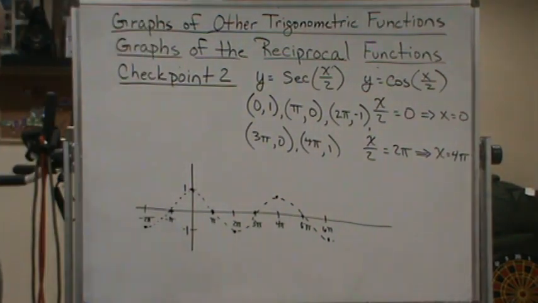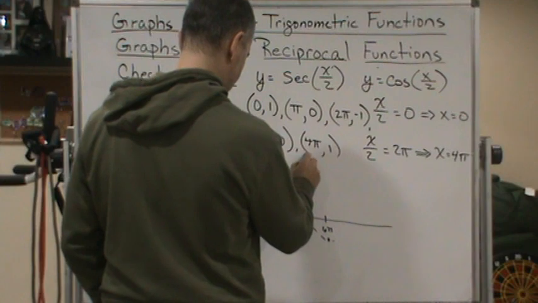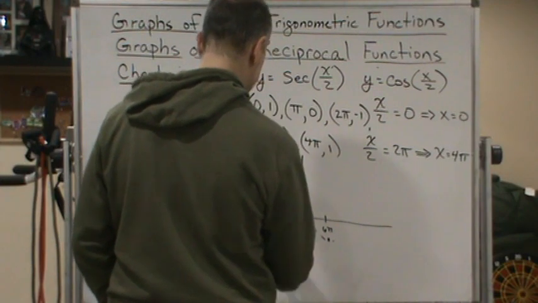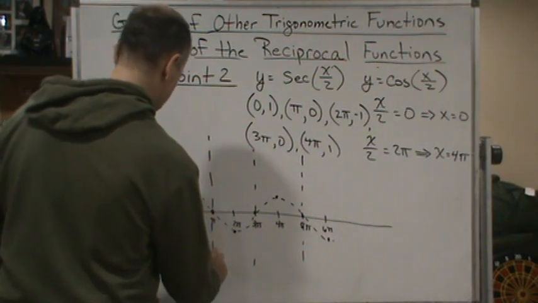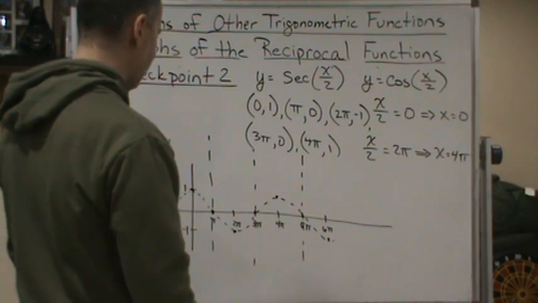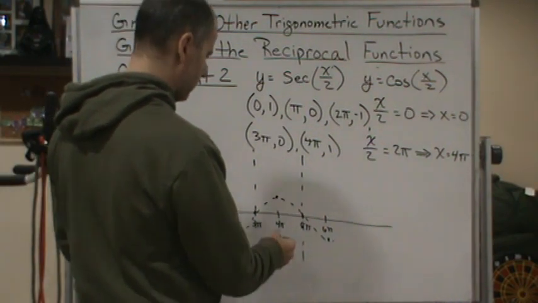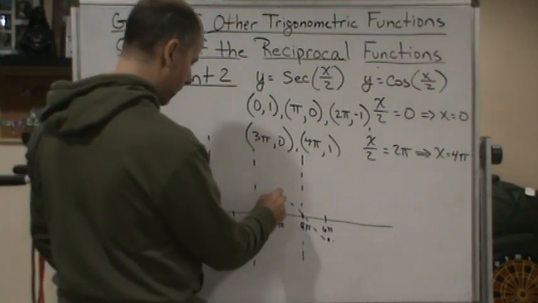Okay, and now again, wherever it crosses the x-axis, that's where asymptotes are for secant. Okay, and our secant function is going to intersect at the max and mins of our cosine function.